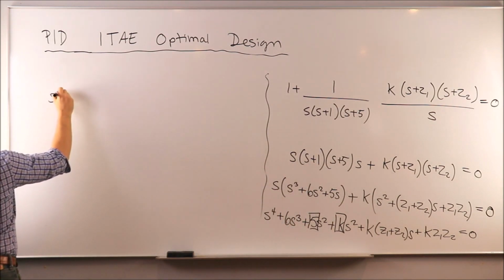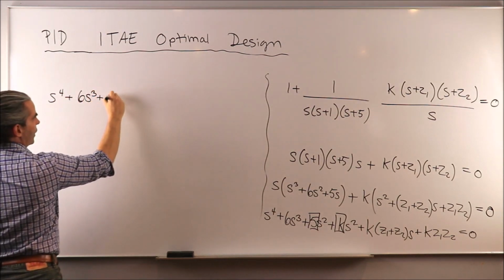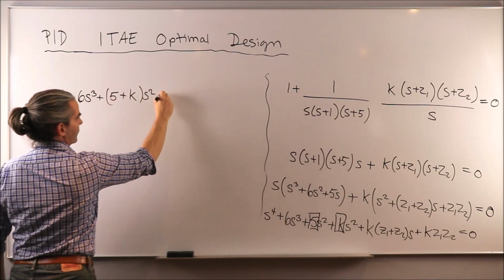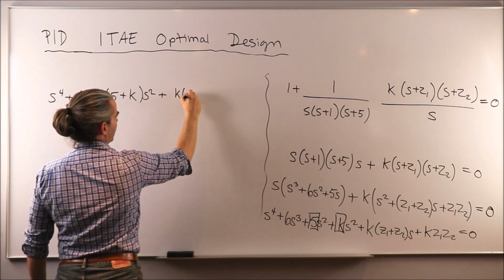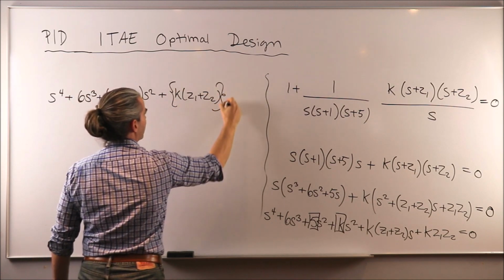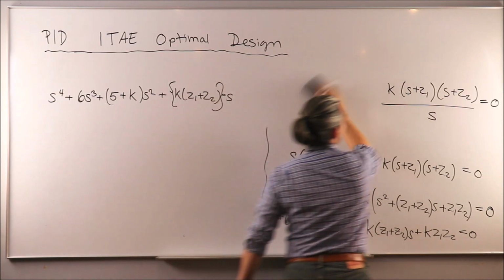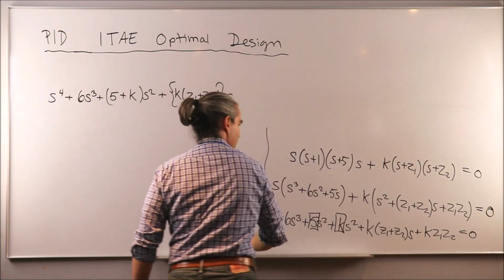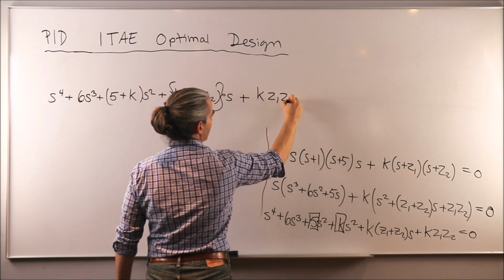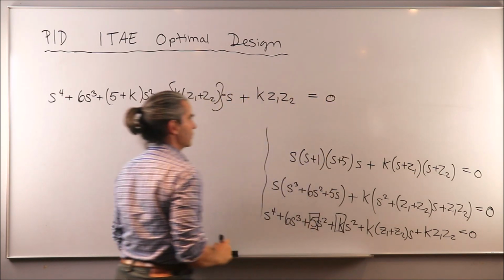So we're going to get s to the power 4 plus 6 s cubed plus (5 plus k) times s squared plus k times (z1 plus z2), all this being the coefficient that multiplies s, then plus k times z1 times z2, which multiplies s to the power 0, obviously, all this equal to 0.